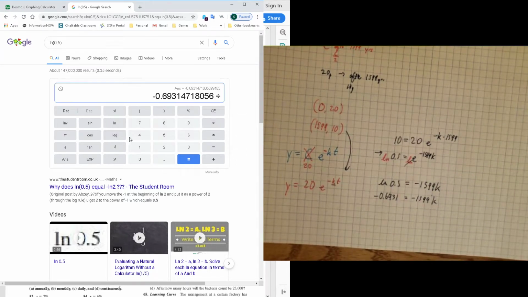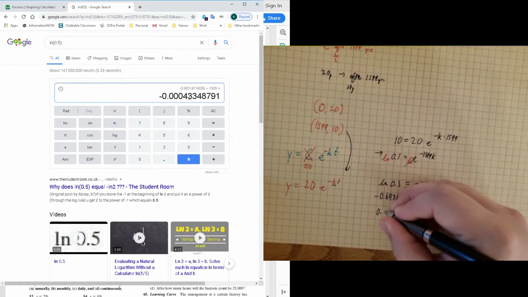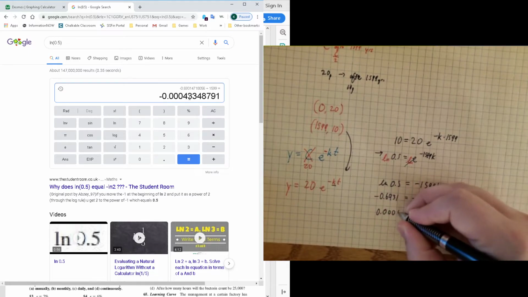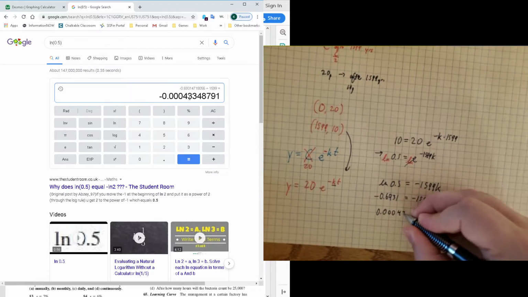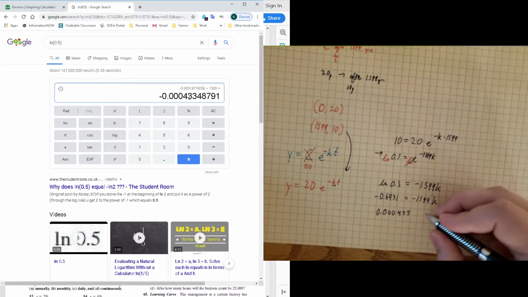Okay, negative 1599. I can then divide to get k by itself. So I divide, should be negative 1599. And so I end up with this answer, 0.0004334.